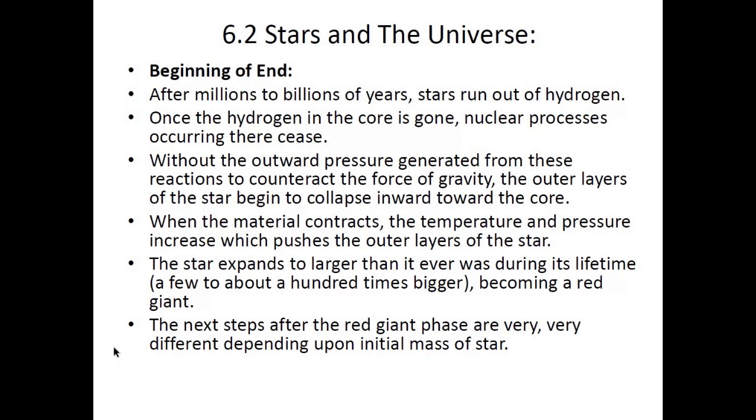After a star has become a red giant, its last stage starts, and depending upon the initial mass of a star, like how much mass it was able to gather during its protostar stage, the next step of the life cycle of a star varies greatly.